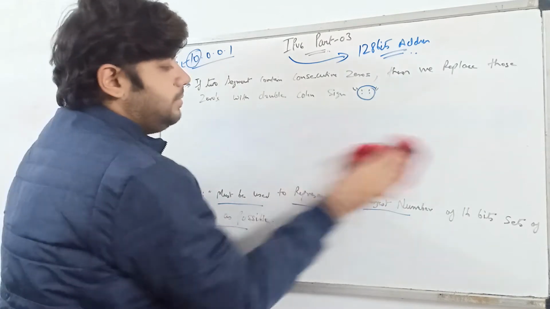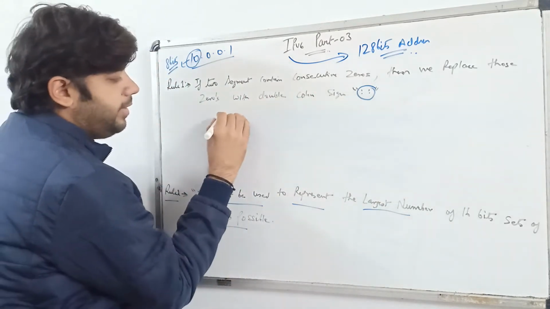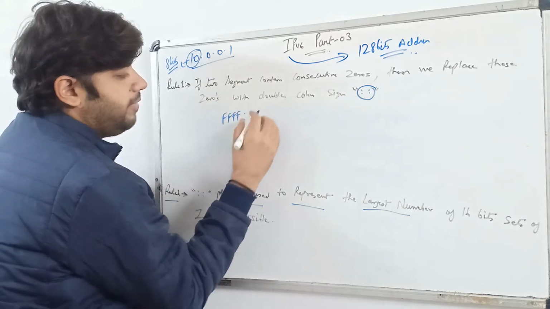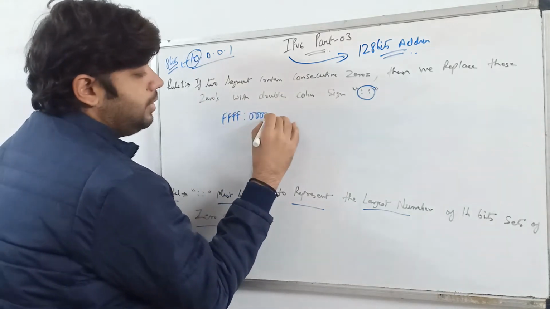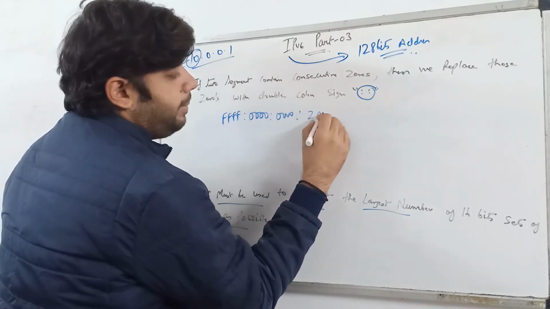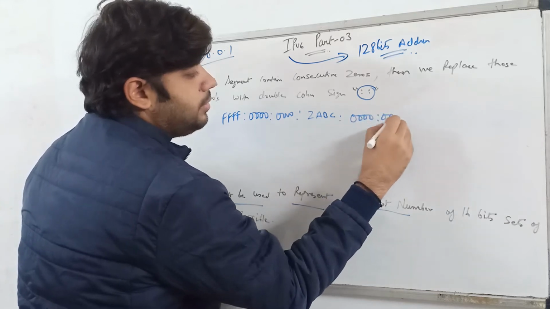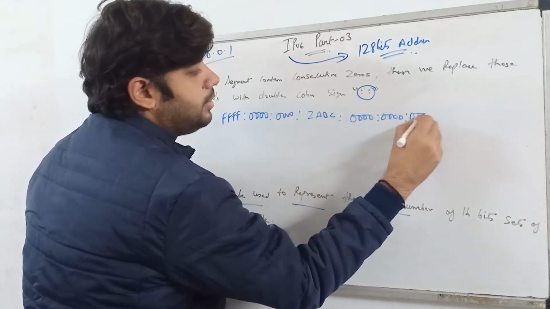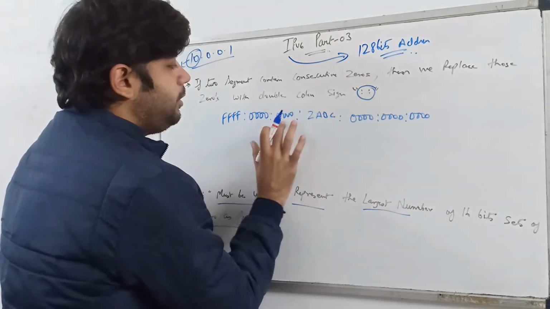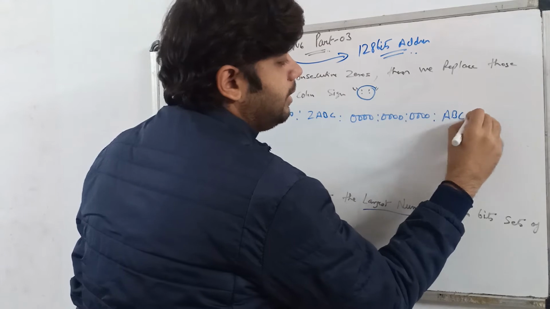Imagine we have F, then 0000, then 0000, then 2ABC, then seven zeros, and then ABCD, like this.